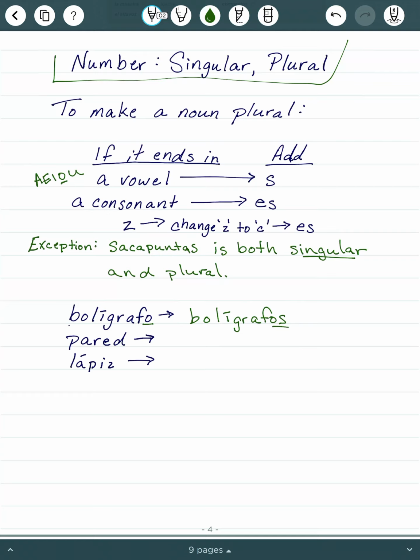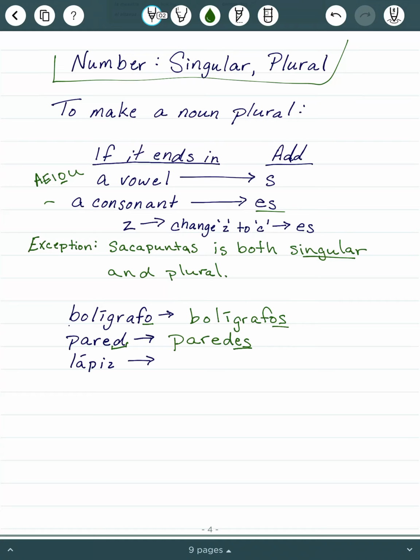The second rule, if it ends in a consonant, then we are going to add ES. So D is a consonant. So to make that from wall to walls, add ES, paredes. So you've added an extra syllable there. And now it's plural.